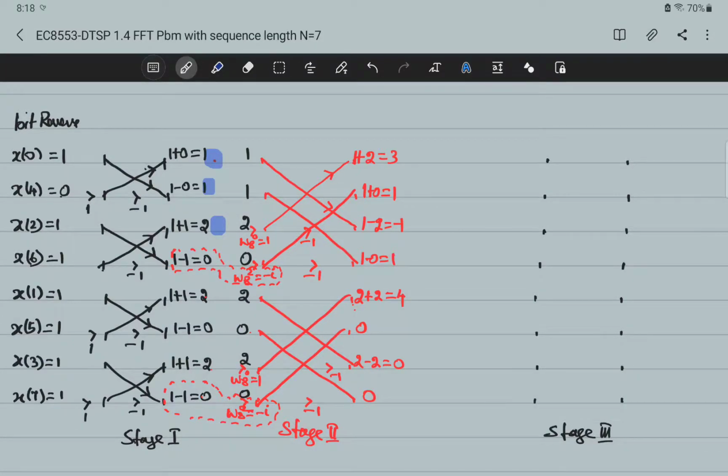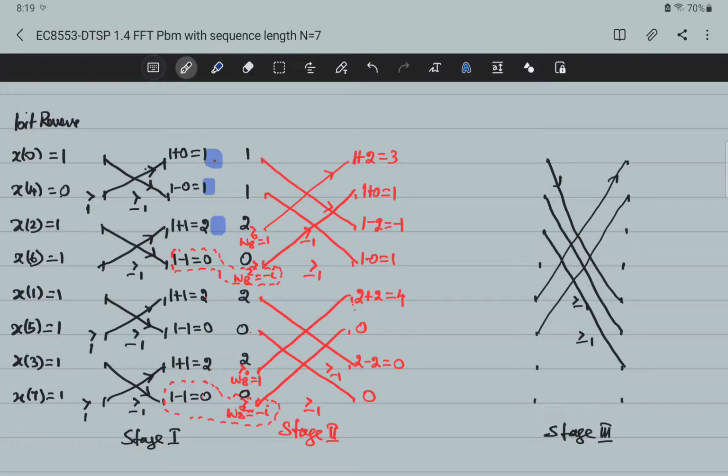So first and fifth line, connect these two and put a -1 here. Then second and sixth, put -1. Then third, put a -1, and then fourth, put a -1.